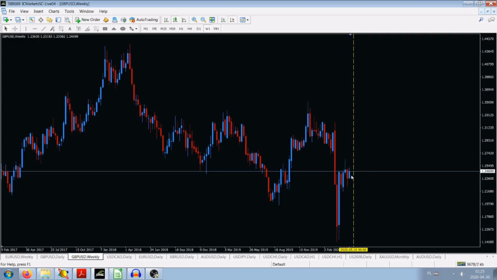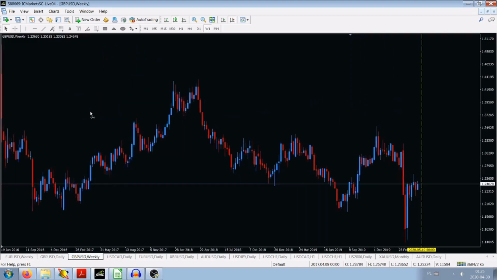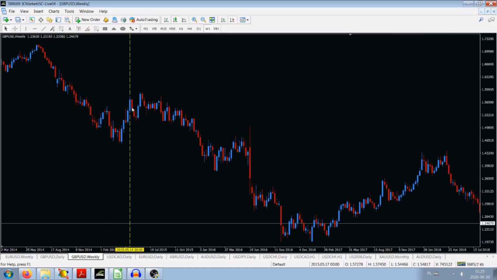So I made one line, and 5 years earlier, roughly May 2015, is here. Look at this one. Is nearly the top of the market.